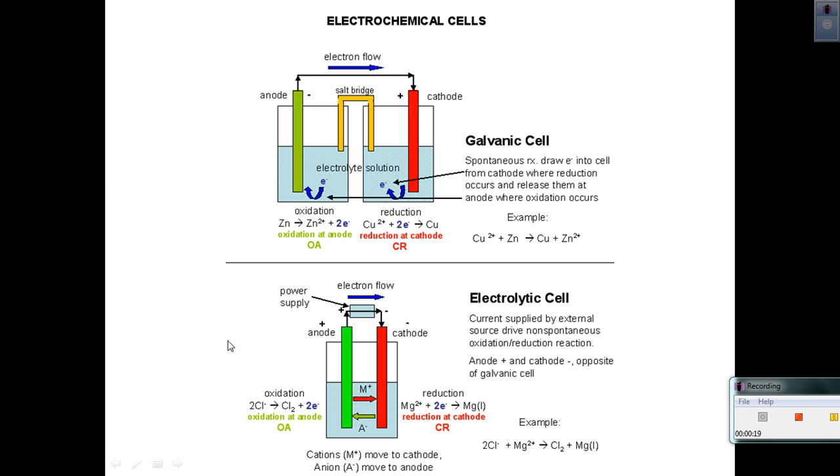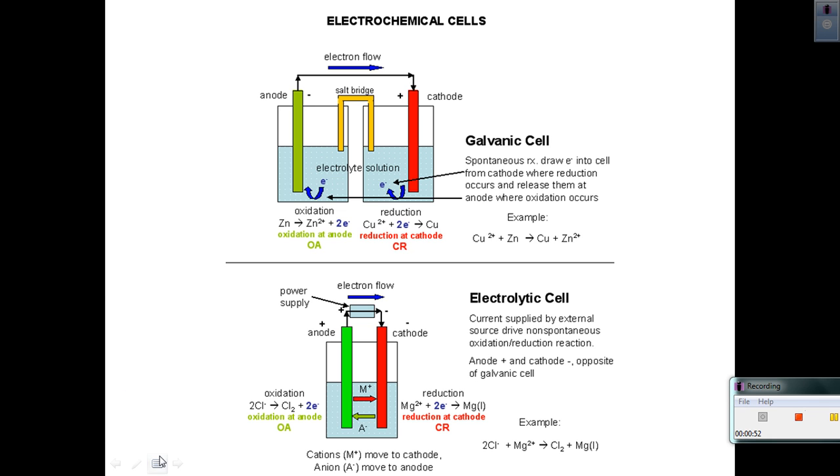The next difference is that we have to have a power supply to force the electrons to go from the anode to the cathode. And the last difference was that the anode has a positive charge and the cathode has a negative charge. So those are our differences between an electrolytic and a galvanic cell.